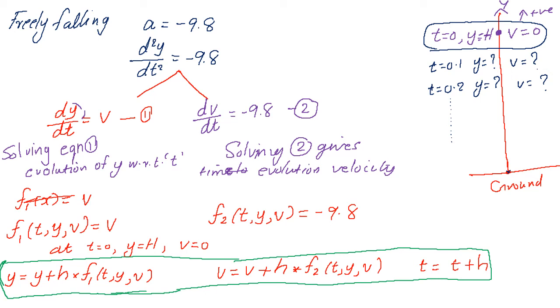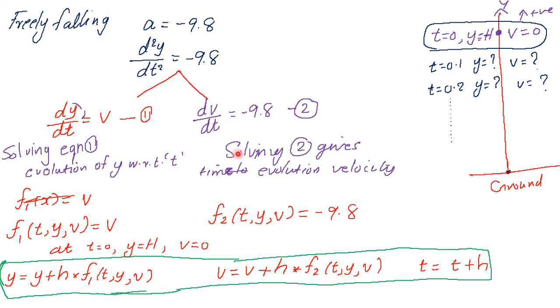Okay, so let me recall the steps involved. The basic idea is this: resolve the given differential equation into two first order differential equations like we have done here. So this is the first differential equation, this is the second differential equation.